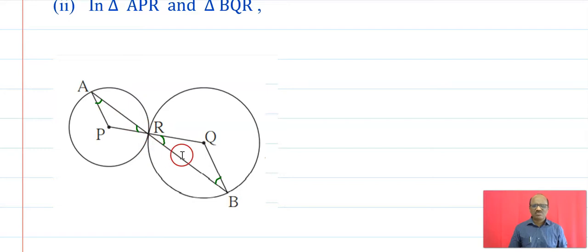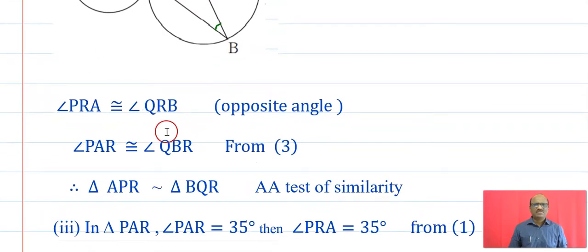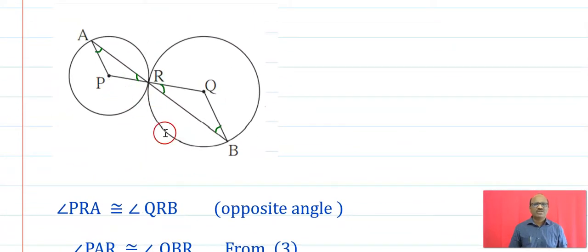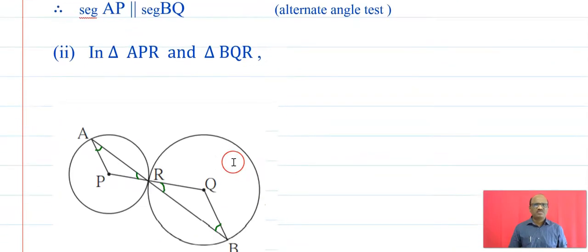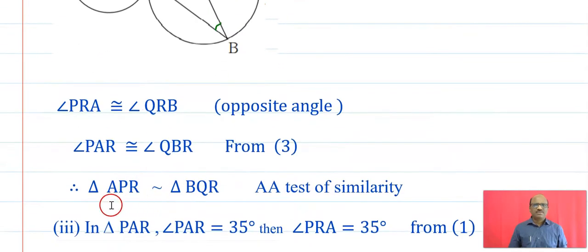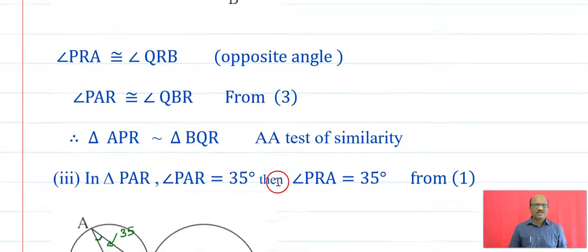All the angles are congruent, and therefore by the angle test, these two triangles are similar. Angle PRA is congruent to angle QRB, opposite angles. Angle PAR is congruent to angle QBR, from 3, and therefore triangle APR is similar to triangle BQR by the angle test.